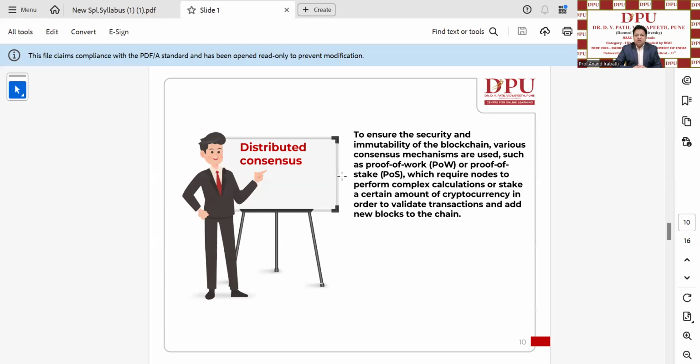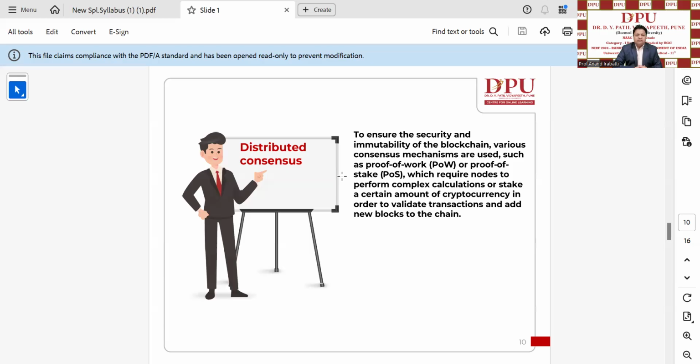Here, in case of blockchain technology, there is no third person involved. There is no central authority involved. Then who is going to authenticate whether the transaction between these two parties is valid or invalid? Who is going to authenticate? Authentication is required. Is it direct authentication or indirect authentication?